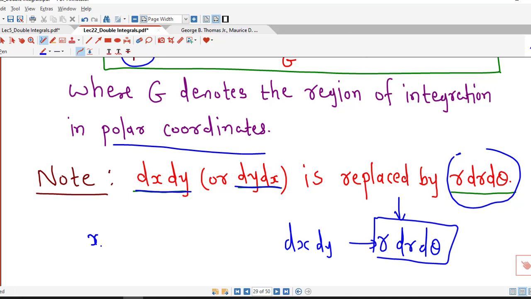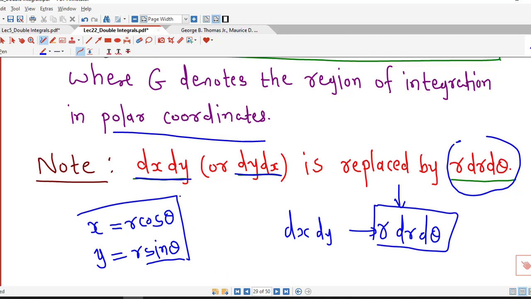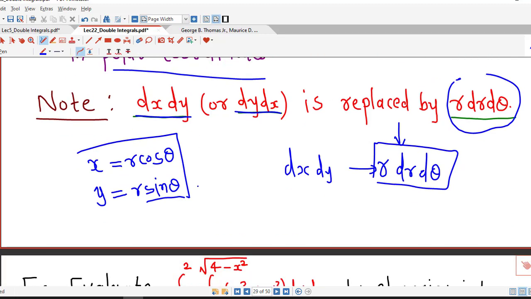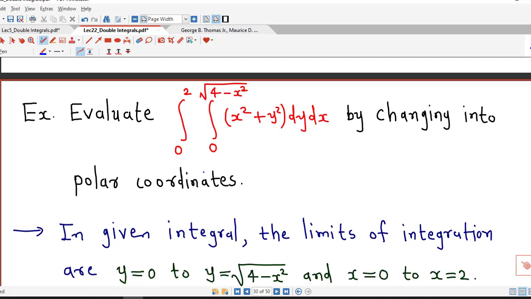And x will be replaced by r cos theta, y by r sin theta. After these substitutions we will find the limits of integration for r and theta, and then evaluate the resulting polar integral. We understand this process with this example.